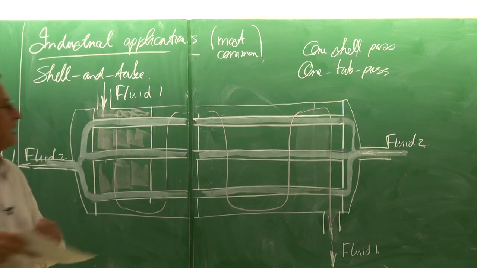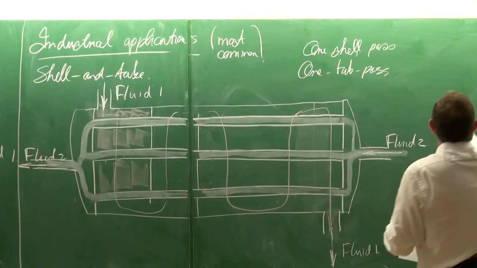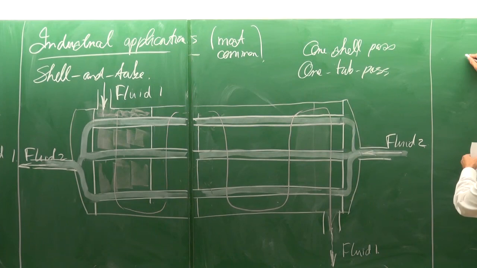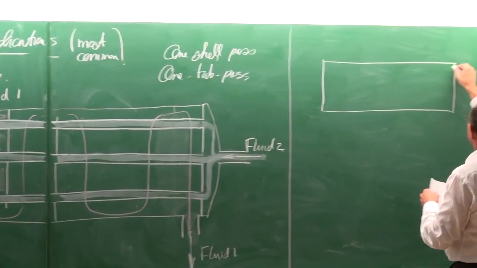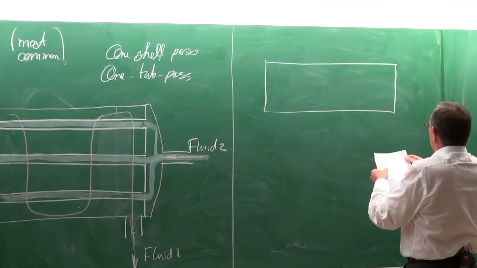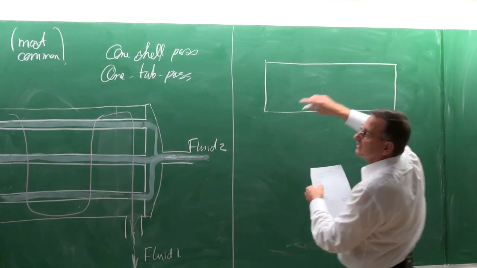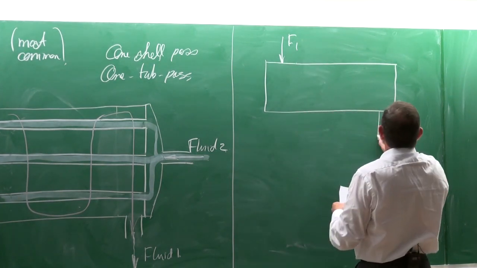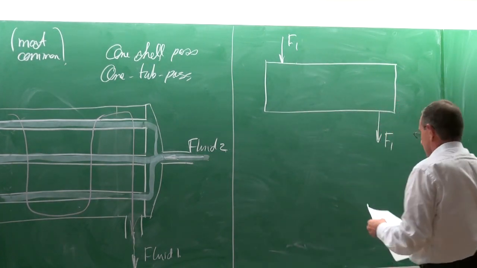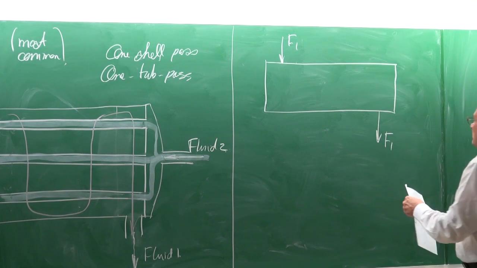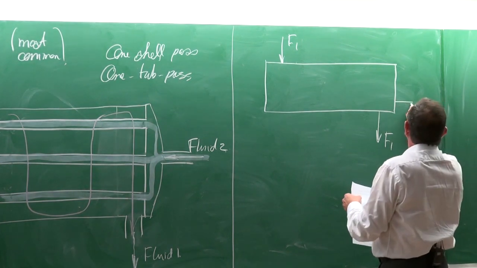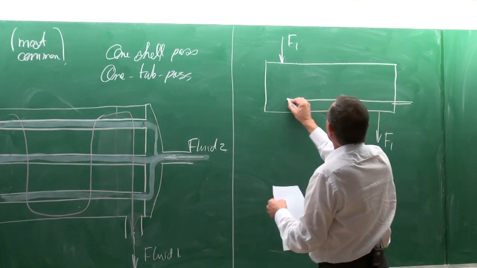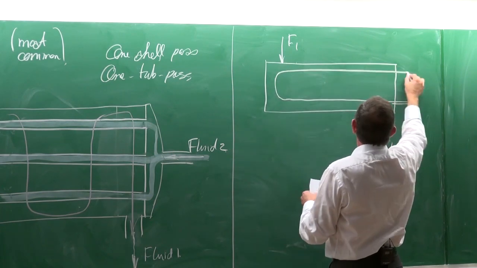And schematically, I'm going to show it to you like this. So if this is the shell, this is the shell. Now you can have the cases where, let's suppose that was fluid 1, and that was fluid 1. Okay. Now you can have the tube where it would actually do something like that.